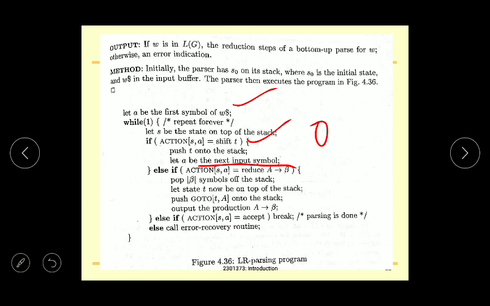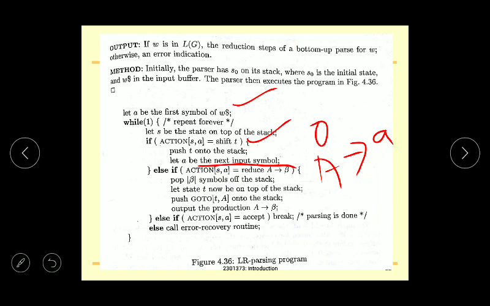That depends upon how many symbols are there on the RHS. If the production is S gives SA, then there are two symbols, so we have to pop two symbols. If the production is A gives A, then we have to pop only one symbol from the stack.